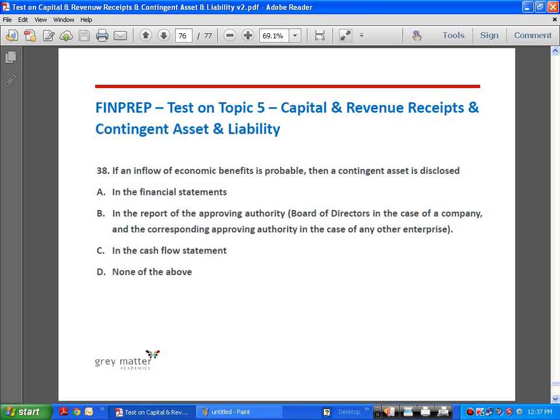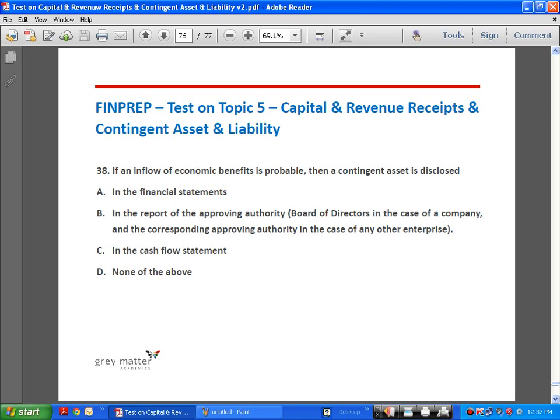Yeah, we come to the last question. If an inflow of economic benefits is probable, then a contingent asset is disclosed where? A contingent asset is where you expect certain inflow of economic benefits, but that is dependent upon the happening or non-happening of an uncertain future event, not wholly within the control of the enterprise. Now what does this mean?